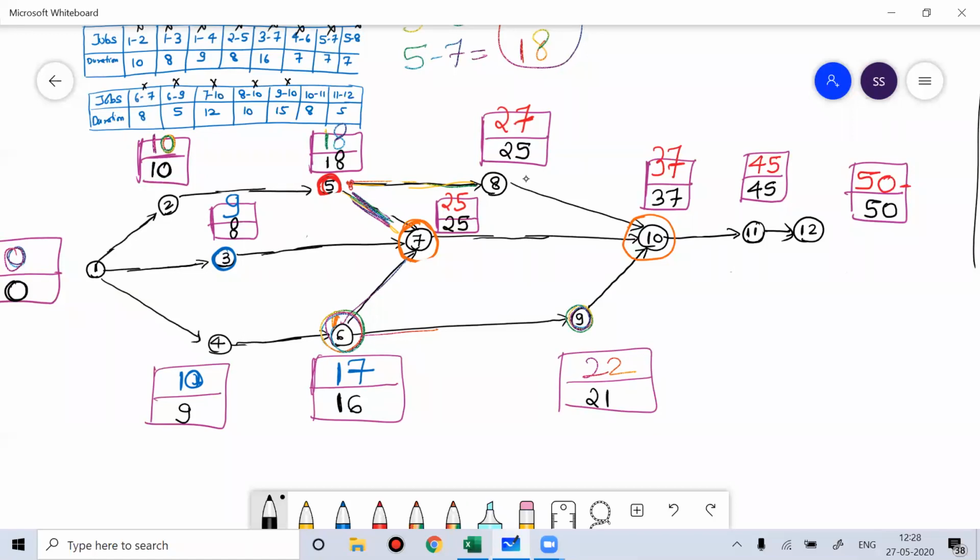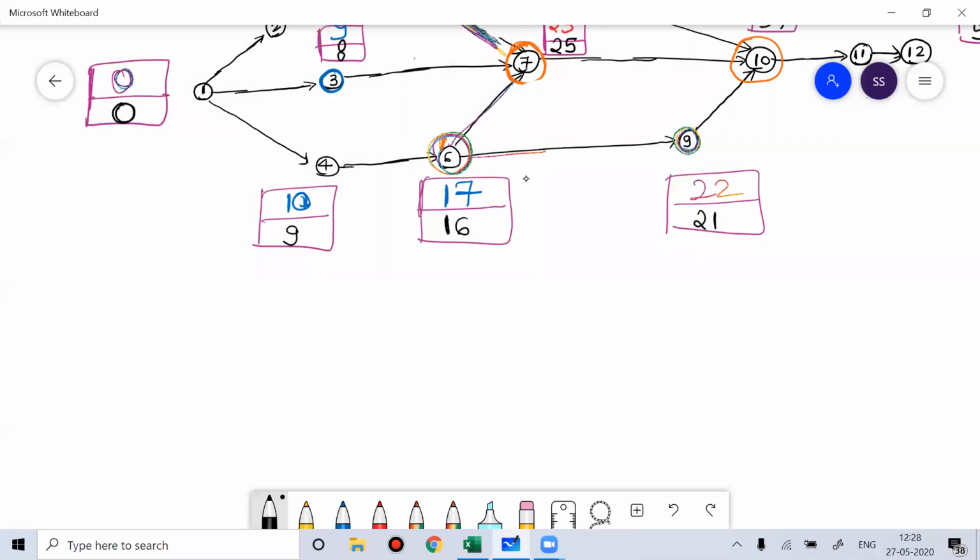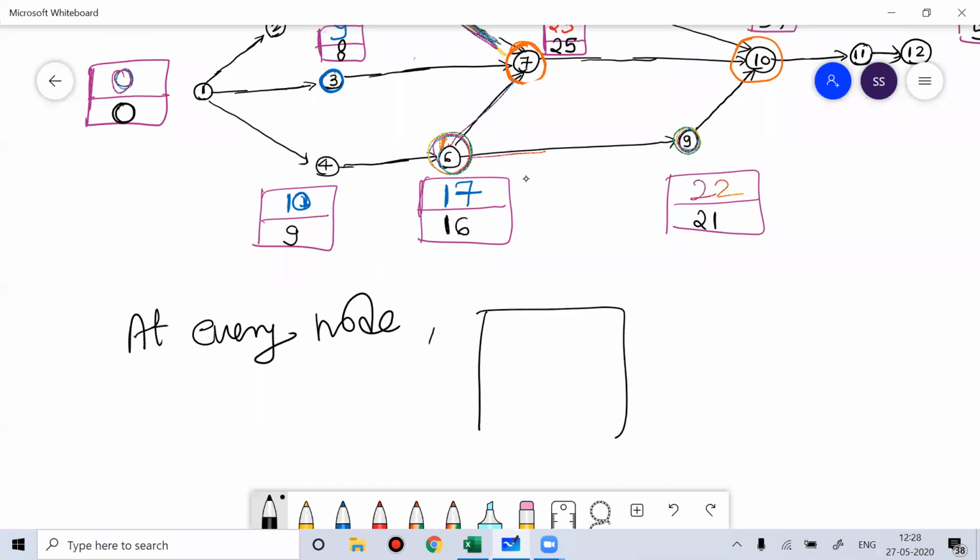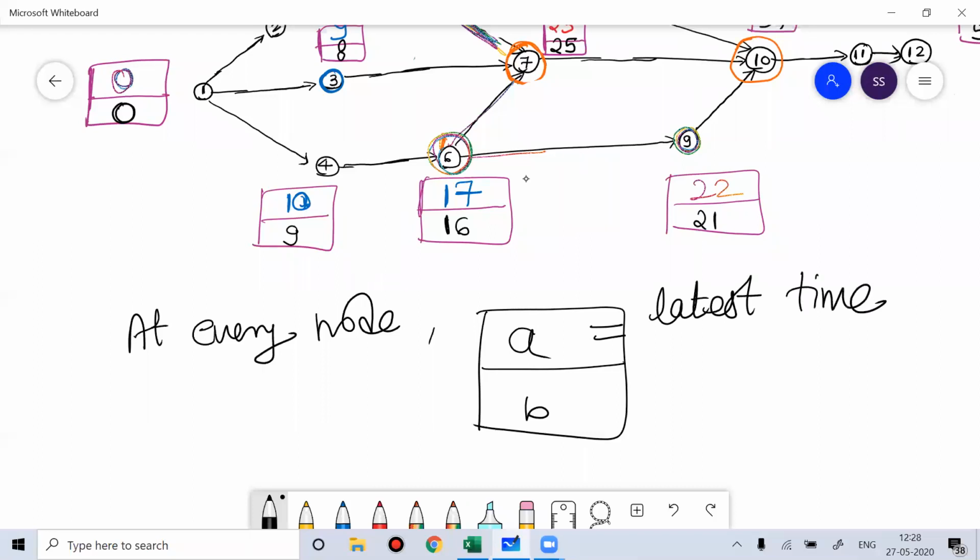So now, once you're done with that, you can see at every node this data, this is A, this is B. This is basically the latest time to do the work, and this is basically the earliest time to do the work.